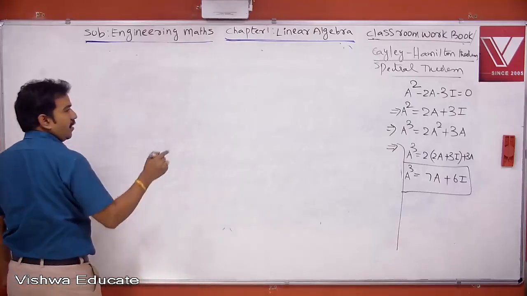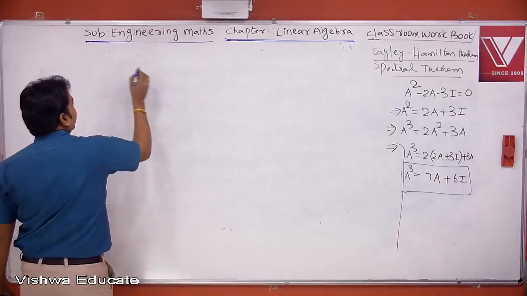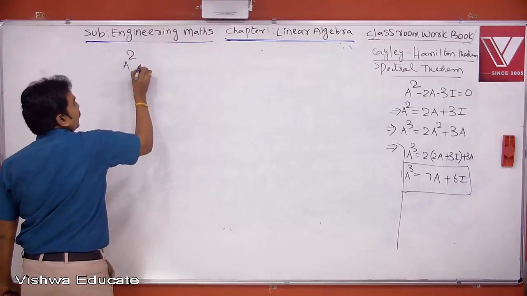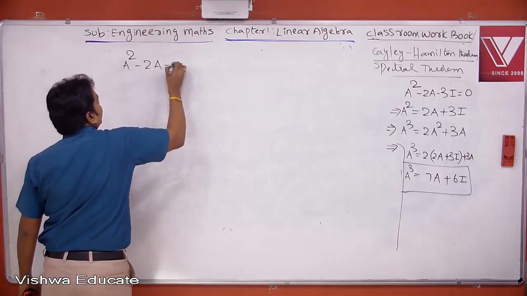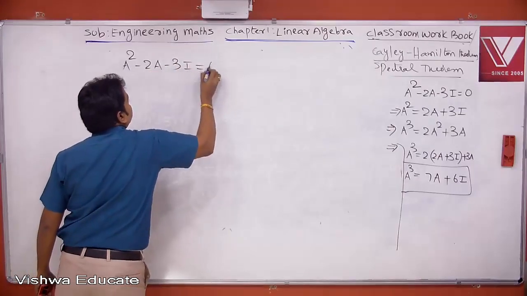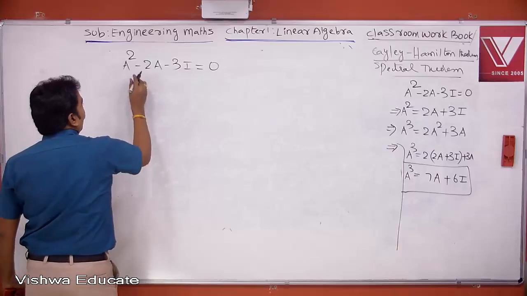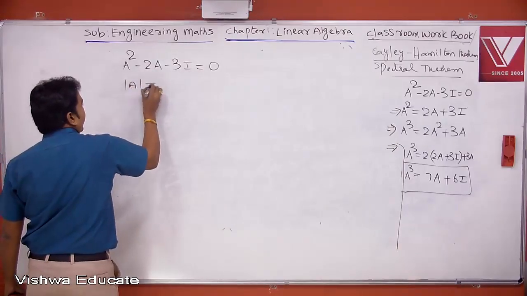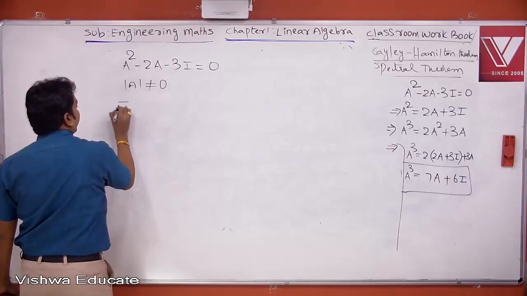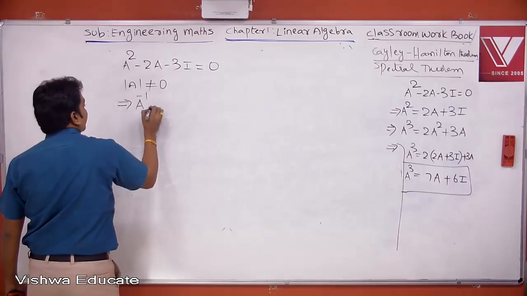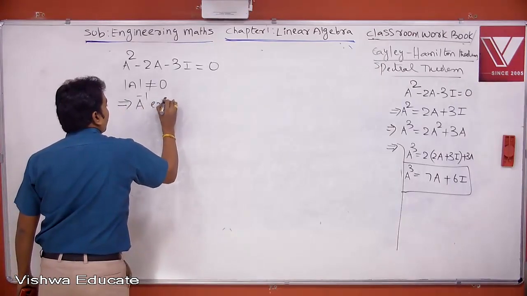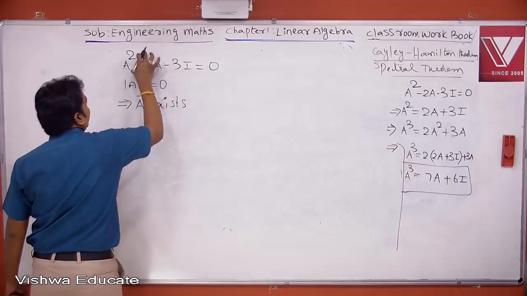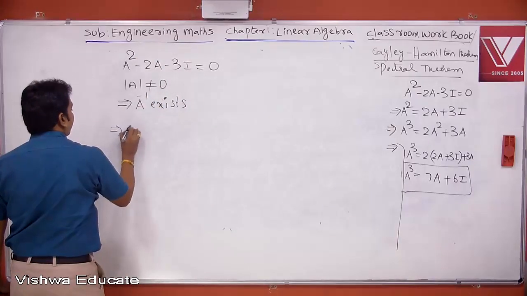Now let us see another advantage of this Cayley-Hamilton theorem. Now here we got A square minus 2A minus 3I equal to null matrix. Now in this example, the determinant is non-zero. When det is non-zero, A inverse exists. So let us multiply this equation with A inverse.